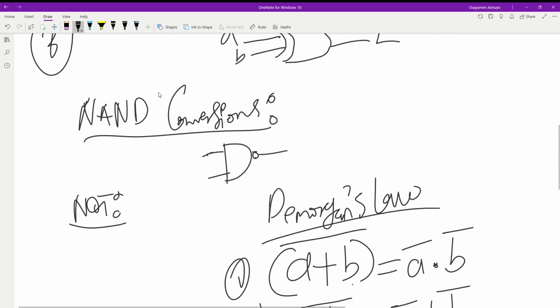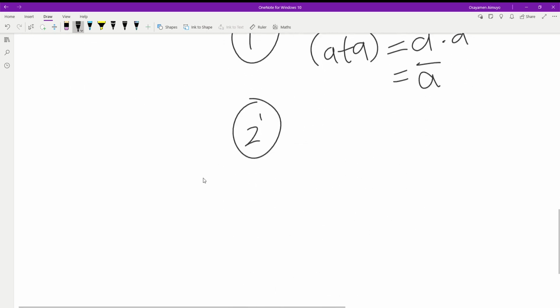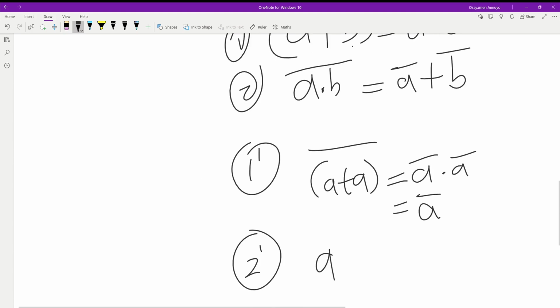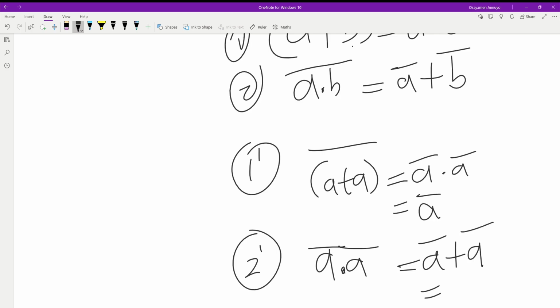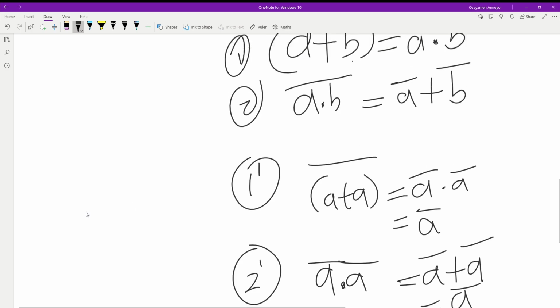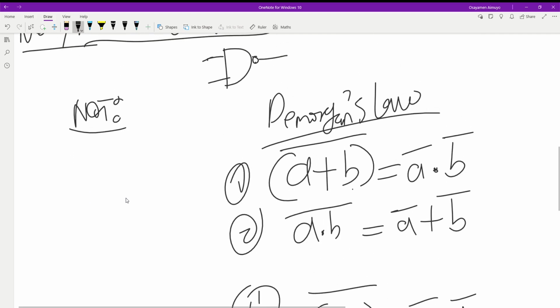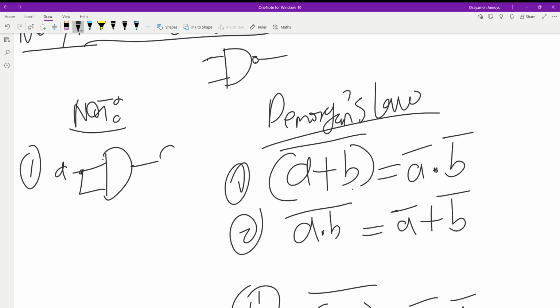So I'm just going to call this NAND/NOR conversions. So A and A bar is just A bar or A bar, which is equal to A bar. So for NOT, it would be A, and then just connect it to the OR gate, and this should give us A bar.